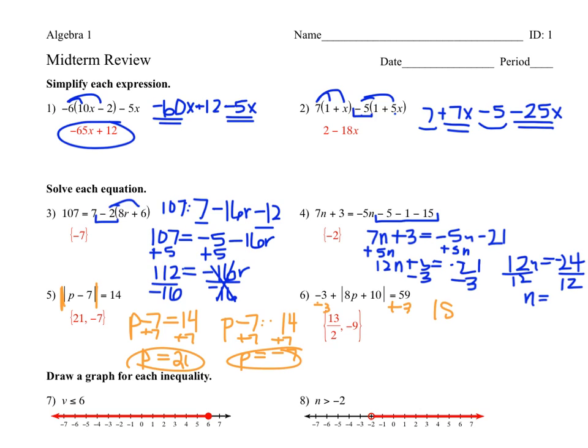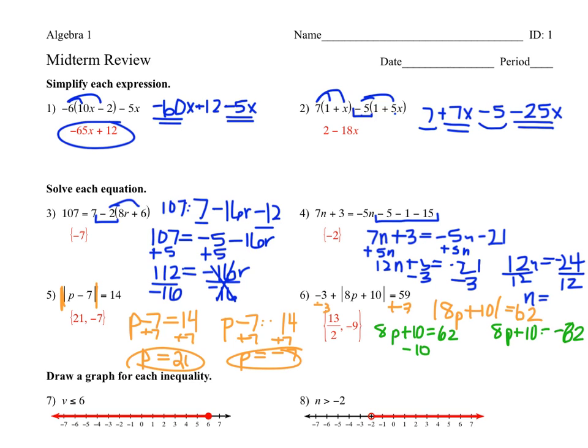So I've got 8p plus 10, still in jail, or in absolute value, equals 62. And now I have my 2 options. All right, I've got 8p plus 10 equals positive 62, or 8p plus 10 equals negative 62.